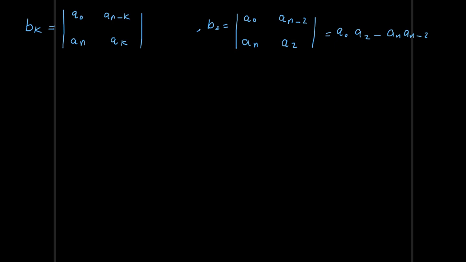The same thing if I need to calculate b1, it will be a0, a_n, those are fixed, whatever b I need to calculate. Then this will be a_(n-1) and this will be a1. So this will be a0 a1 minus a_n multiplied by a_(n-1).